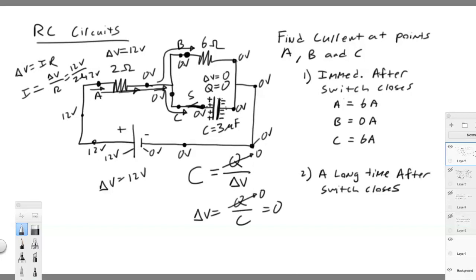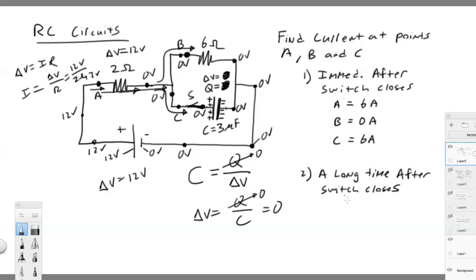Now, a long time after the switch closes, this capacitor is going to be fully charged. It's no longer going to have a charge of 0, and it's no longer going to have a voltage of 0 across that capacitor. So how do we go about doing this?